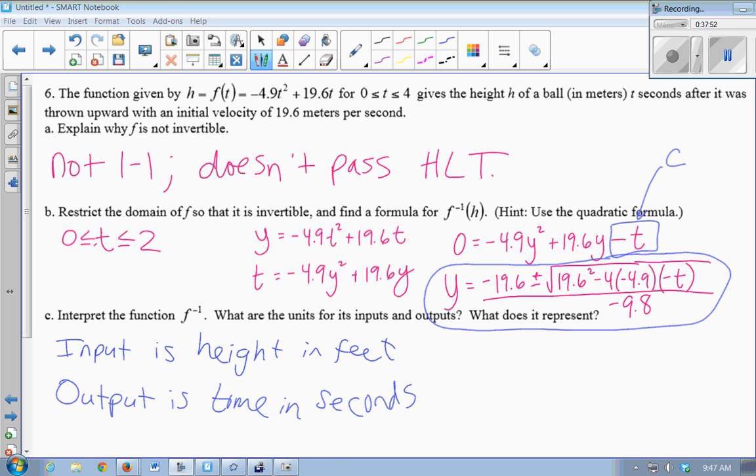My input is supposed to be height and my output is supposed to be time, so this should have stayed a t, and this should have stayed a y. So that your input is height y, and your output is time t. And then just solve for t.